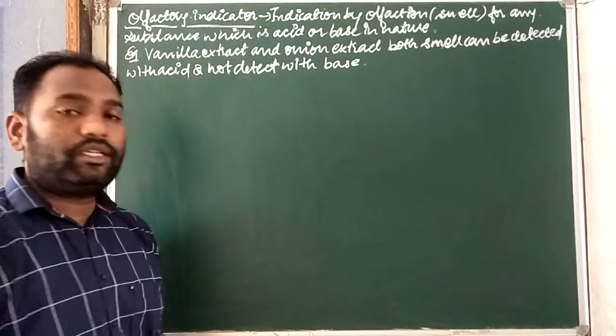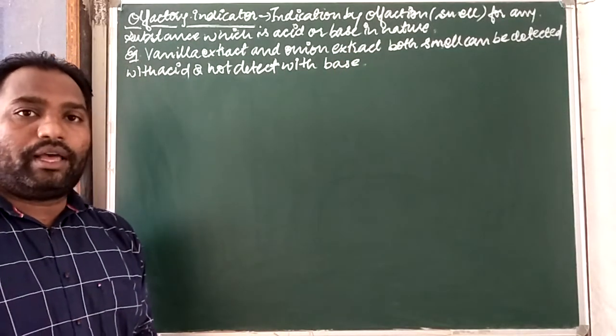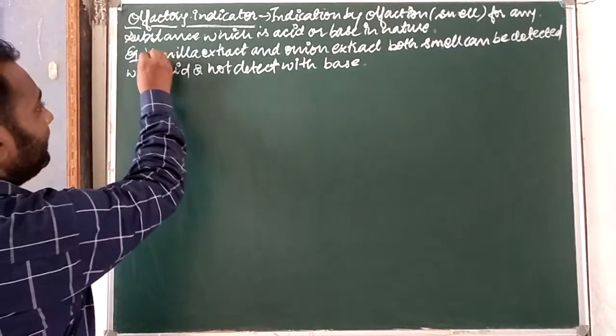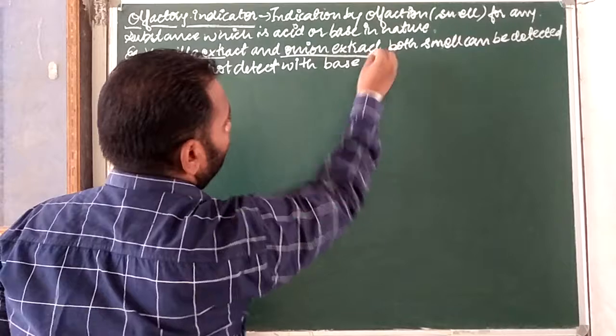Listen, so here are the two examples of olfactory indicators. First is vanilla extract, and second is onion extract.